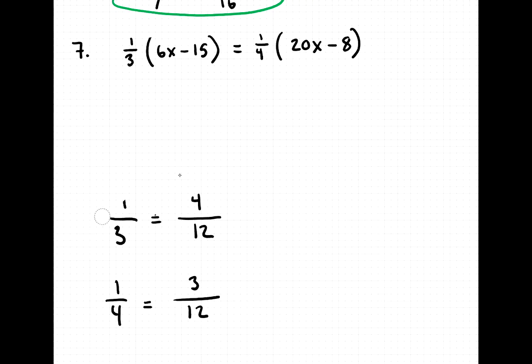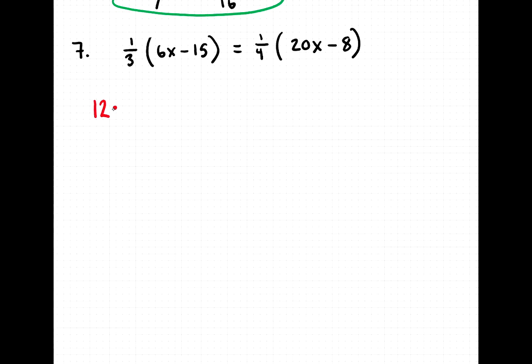So what we could do is multiply both sides by the common denominator. I'm just going to rewrite the whole problem, even though this is not absolutely necessary. But if we just throw a times 12 in front of both sides of the equation, 1 over 4, 20x minus 8.